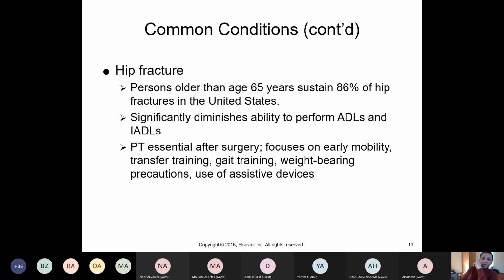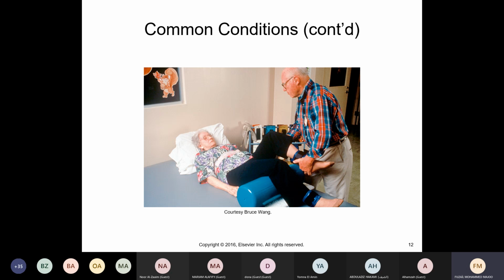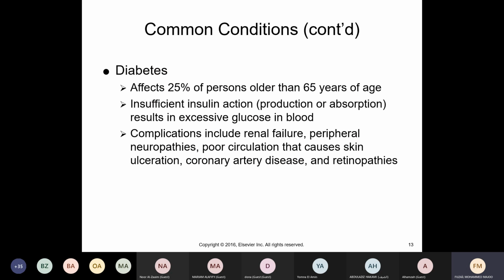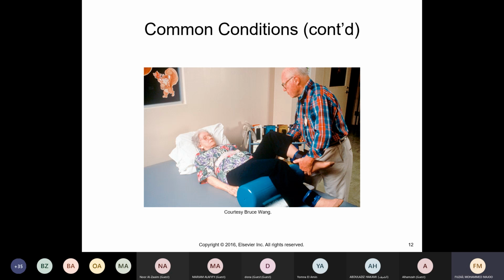All these are very important for these individuals to learn how to use properly. So what do you notice over here? I don't think he's a physical therapist, maybe it could be her husband. He's helping her exercise. At home you need to do these exercises also, stretching out and whatnot.